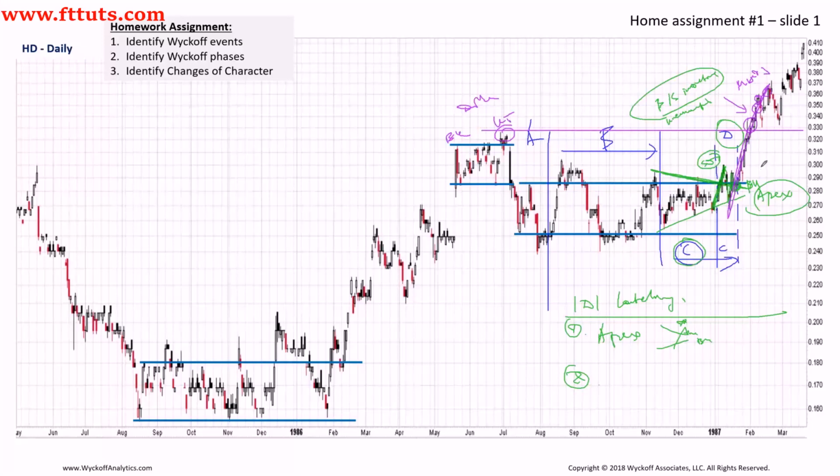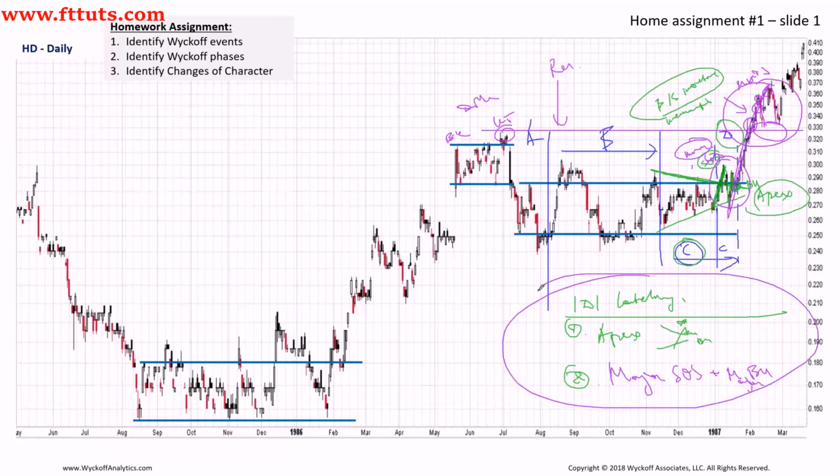It spends some time in there, and then reacts exactly to the area of support that acted before as the resistance. So we could see a major sign of strength with the major backing up action, and then we would identify this as a minor sign of strength. That labeling is also acceptable.